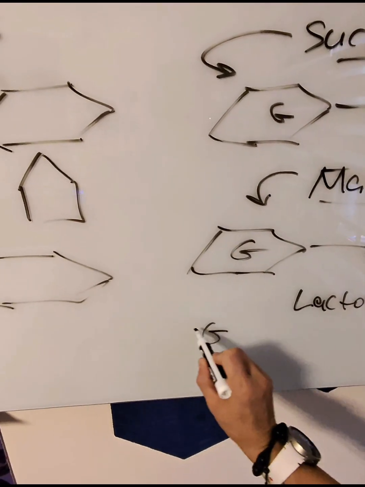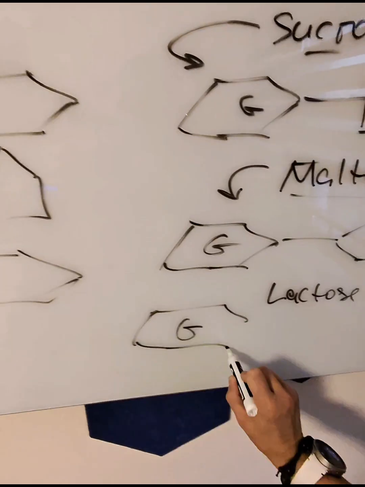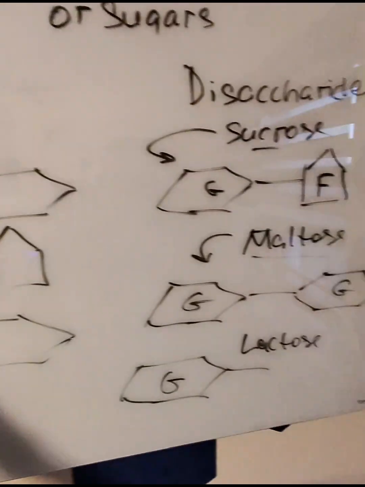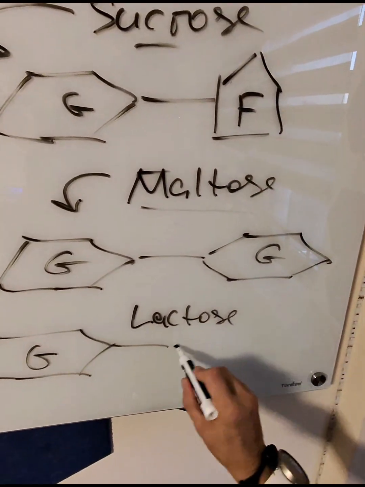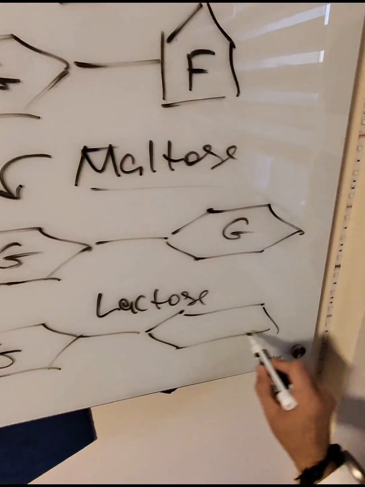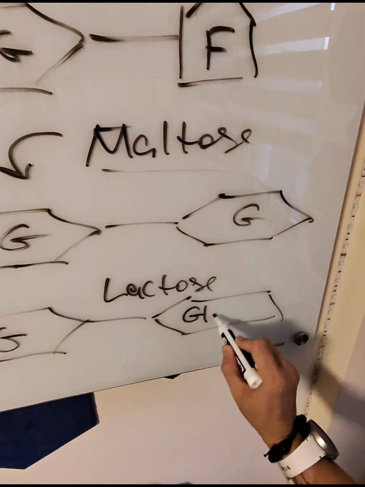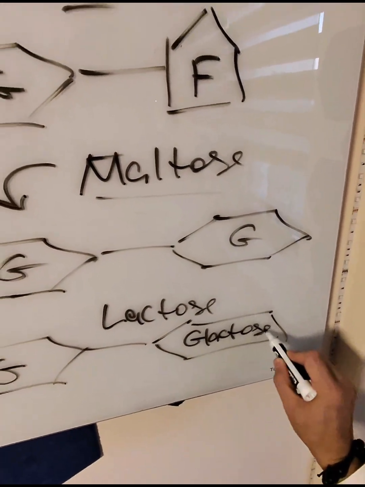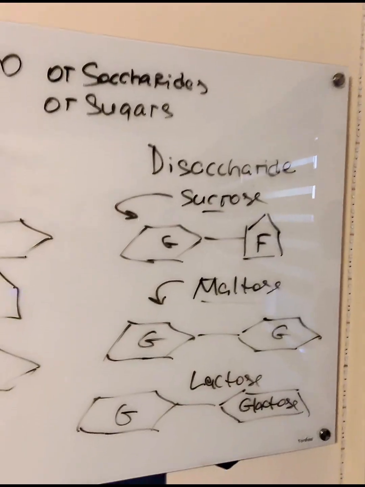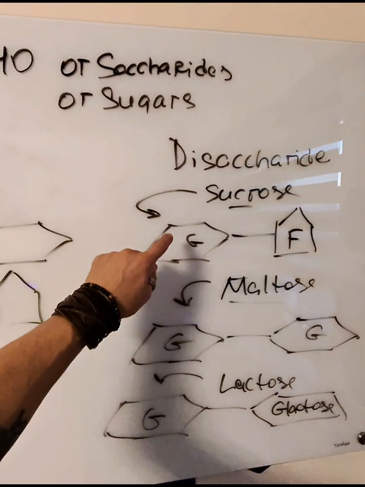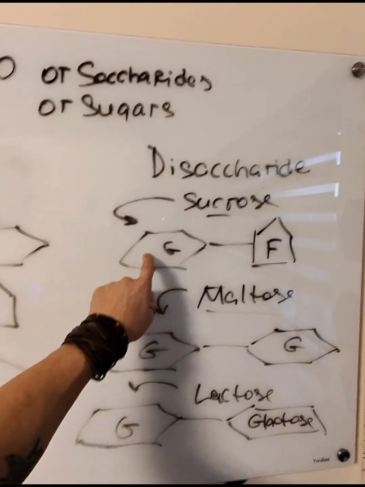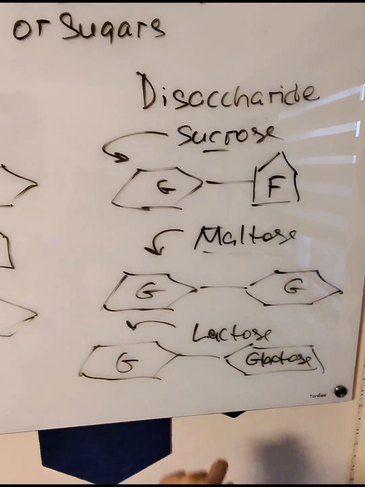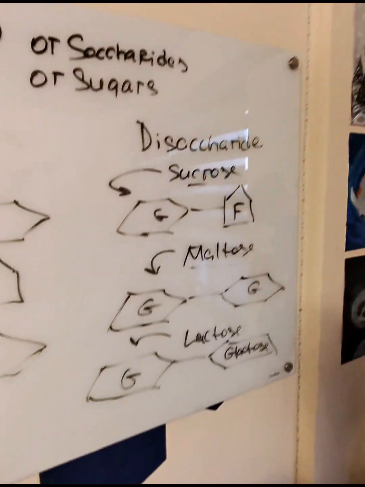Lactose is just a glucose unit plus galactose, another sugar unit, right? So in all of the disaccharides, as you see, you have a glucose unit. In sucrose 1, in maltose 2, in lactose also 1 glucose unit.